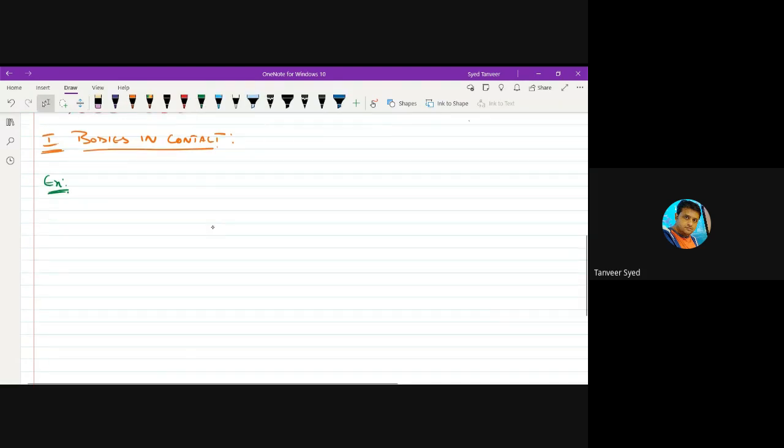Suppose this is a horizontal, smooth surface. Smooth horizontal surface means you can ignore friction. First of all, we will study motion of bodies without considering friction force.